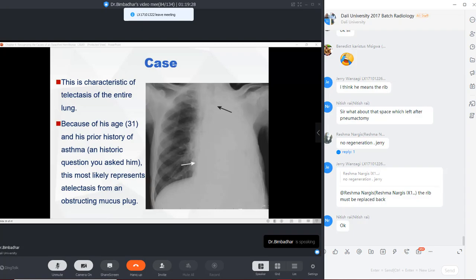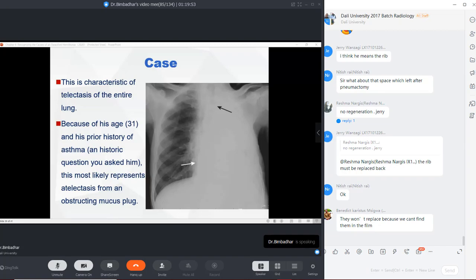When there is no lung, no respiration, what will I do even if I replace my rib back? Jerry? No regeneration. I am not a lizard to regenerate my ribs. Clear? Reshma, is your question cleared?